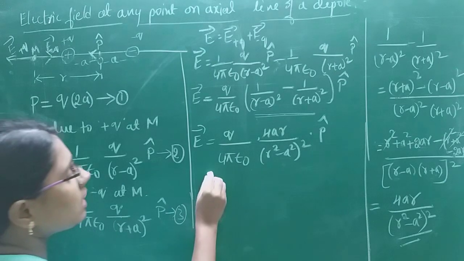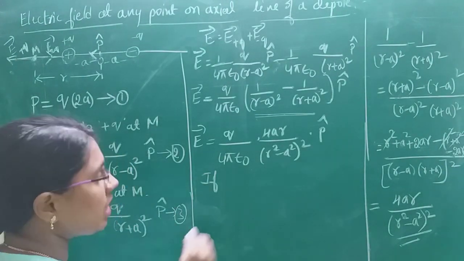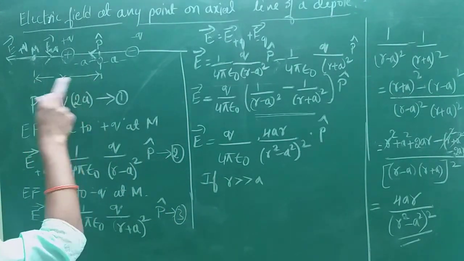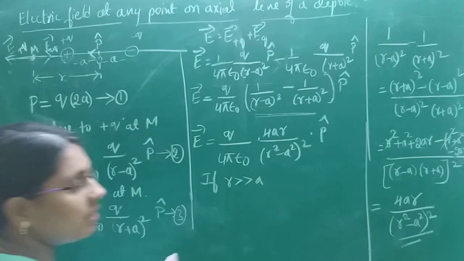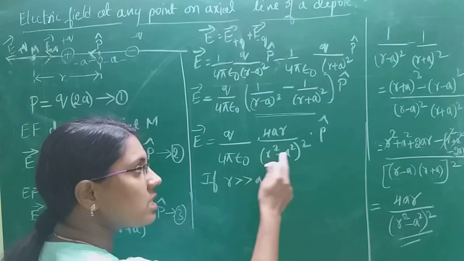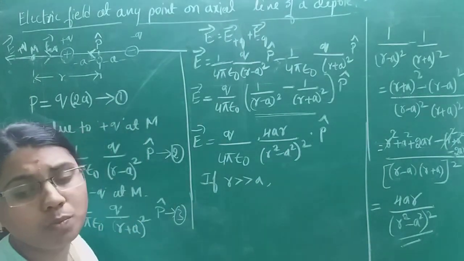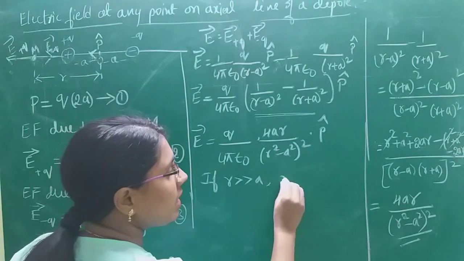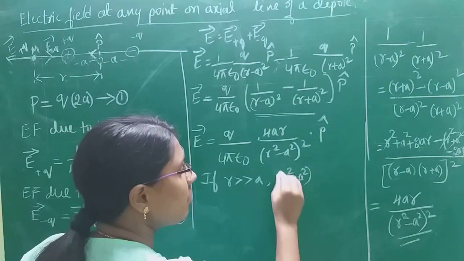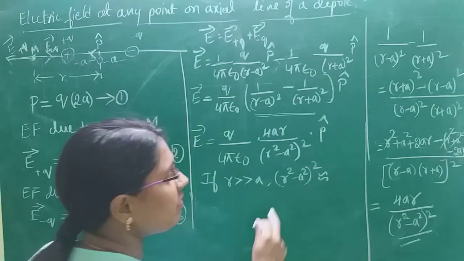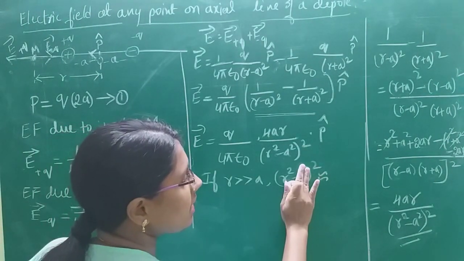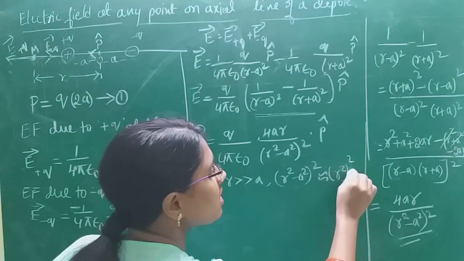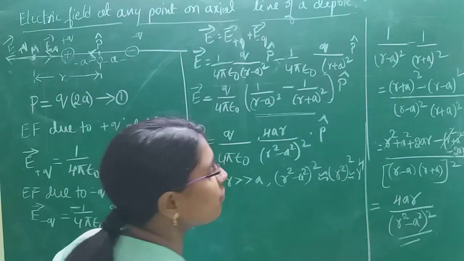That means if R is very much greater than A, then as compared to R square, A square is too small and it can be neglected. So by neglecting the A square value, approximately the remaining is (R square) whole square, which is nothing but R to the power of 4.